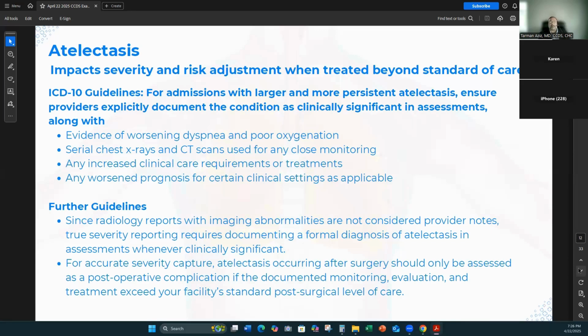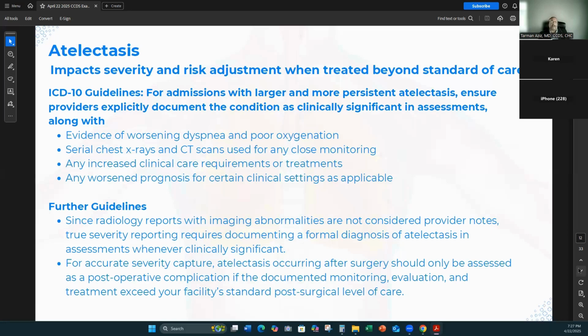Whether it's through query or through education that they achieve that depends on the program and depends on the provider. Of course, we may see a careful attention to chest x-rays with serial chest x-rays and CAT scans being used for closer monitoring.